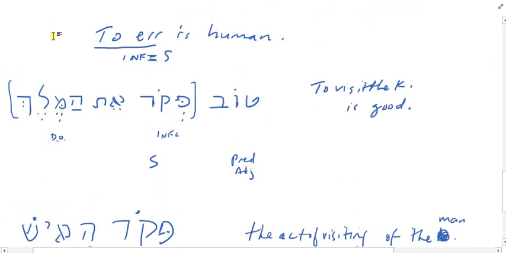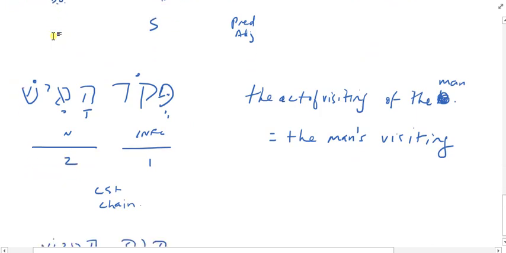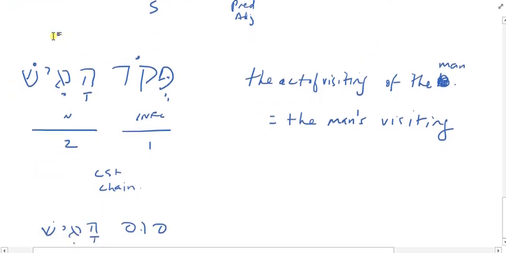So to go back over here, if I want to use an infinitive construct for some reason, but I also want to specify whose act it is, and I want to use a full noun for it, then I can put it in a construct chain like this. The act of visiting of the man, meaning the man's act of visiting, or the act of visiting of David, Pekod David, David's act of visiting.